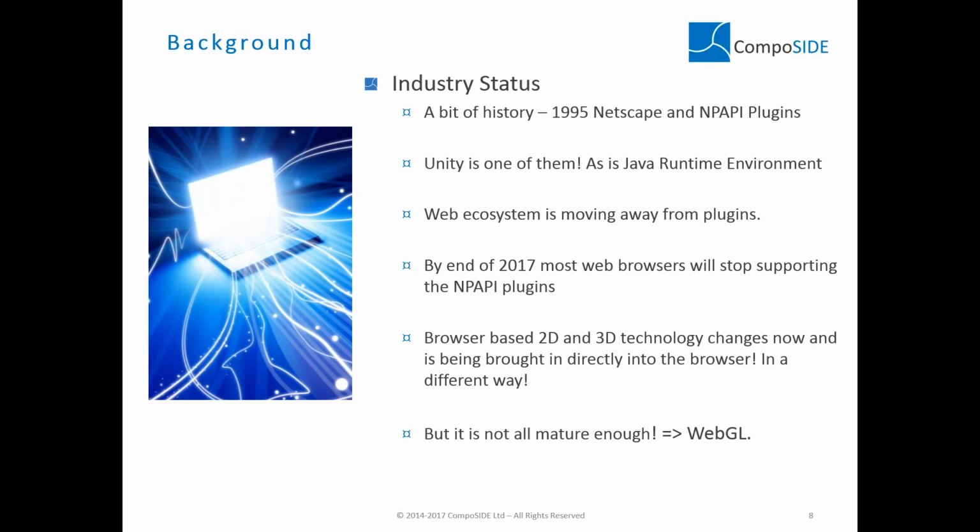The web ecosystem today is moving away from those plugins. You can understand it, it's technology that is 22 years old, and by the end of 2017, most web browsers will radically stop supporting the NPAPI plugins.